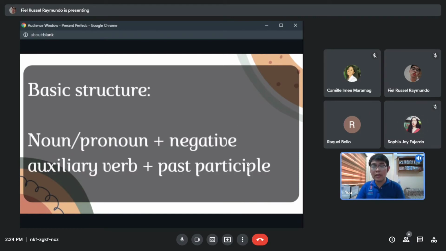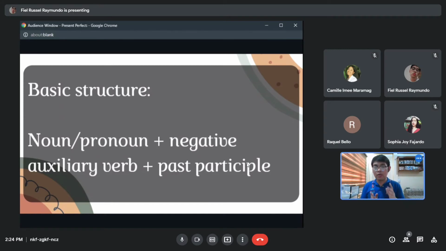So this is the basic structure of negative present perfect sentences: noun or pronoun, followed by a negative auxiliary verb, and then the past participle. In terms of structure, negative and positive present perfect sentences are very similar. However, the only difference is the auxiliary verb.